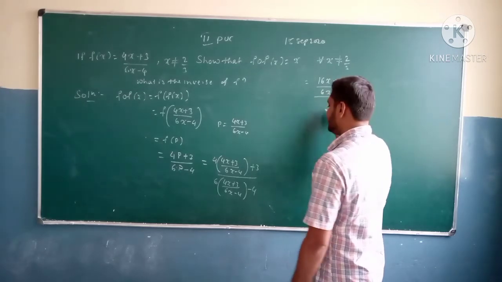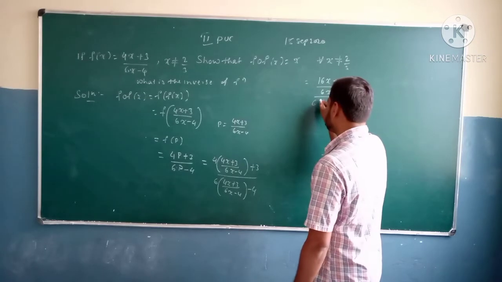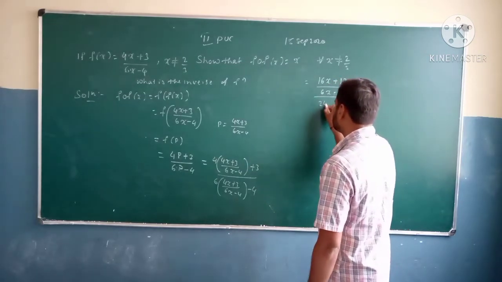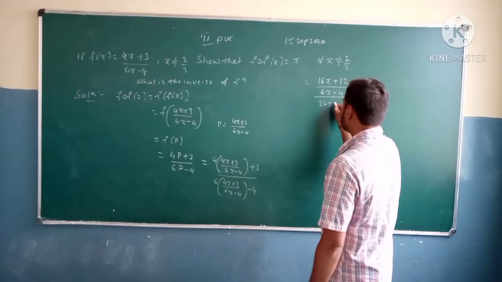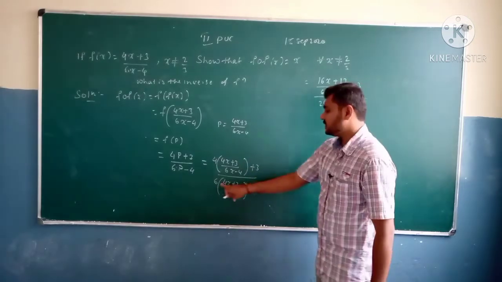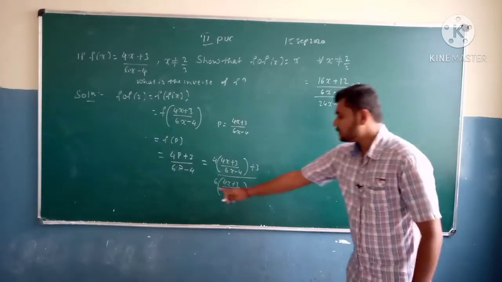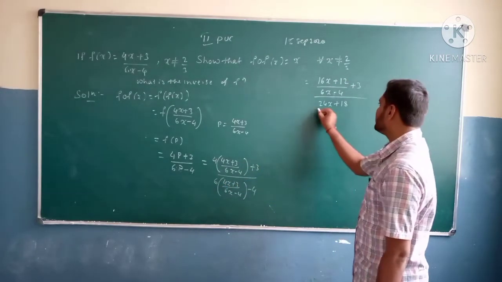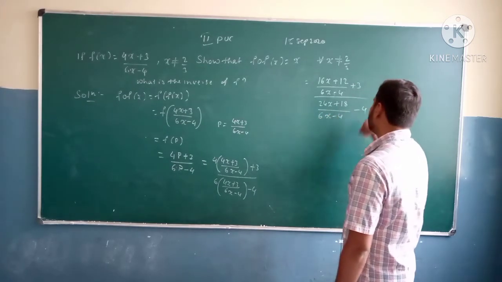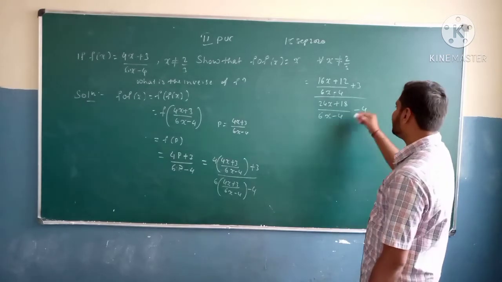Then 6 multiplies 4x plus 3, so that's 24x plus 18, because 6 into 4x is 24x and 6 into 3 is 18, divided by (6x minus 4), again minus 4. So I am taking the LCM here.